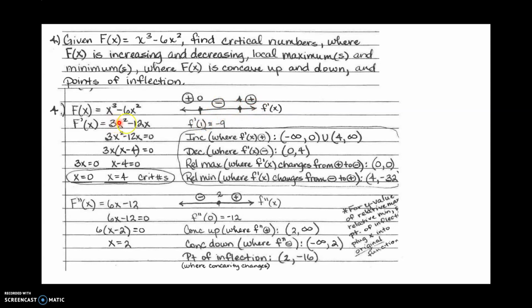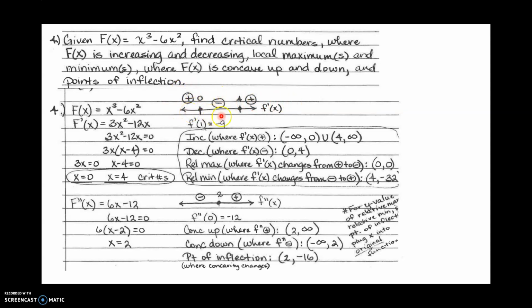When I plug 1 into my first derivative, I get a negative value, negative 9. Then when I cross a single root, the sign changes. If it had been a double root, the sign would have changed twice, so it appears to not change at all.